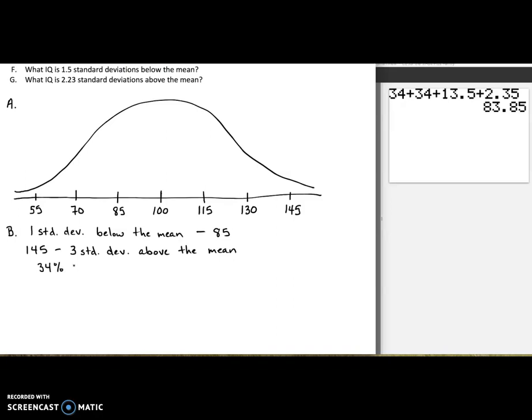34% plus another 34%. So I'm just writing down the calculation we did.